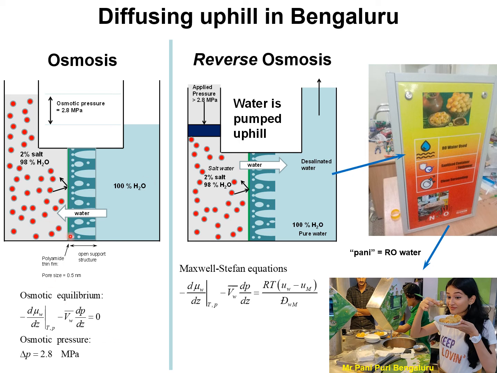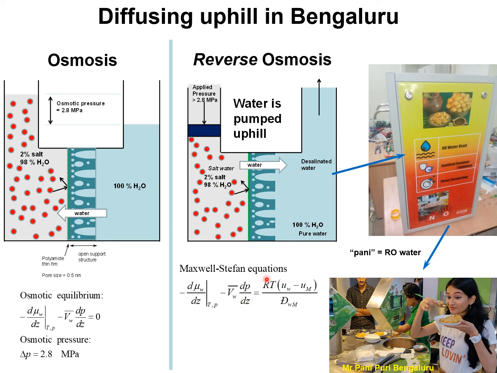For the chosen set of conditions, the osmotic pressure can be calculated to be 2.8 megapascals. By applying pressures exceeding 2.8 megapascals to salt water contained in the left compartment, water can be made to diffuse uphill from the left compartment to the right compartment.